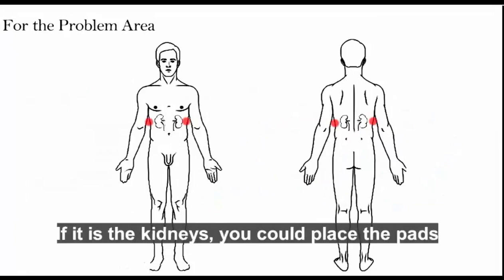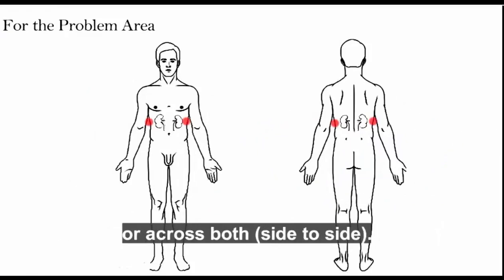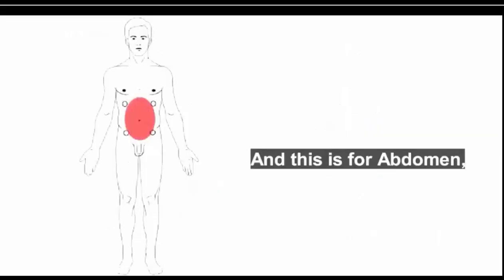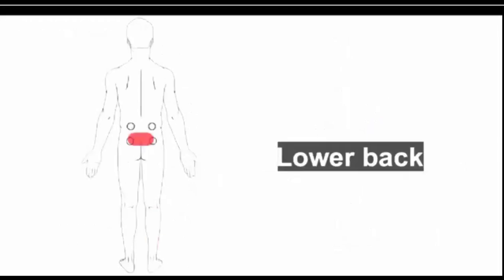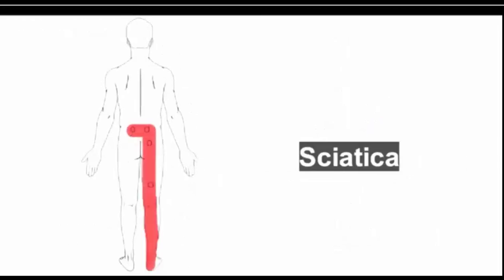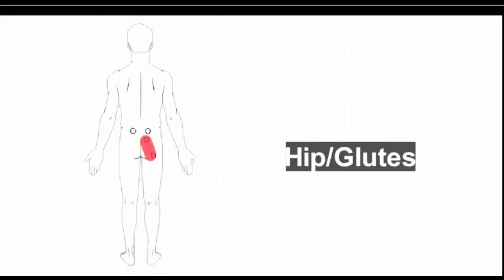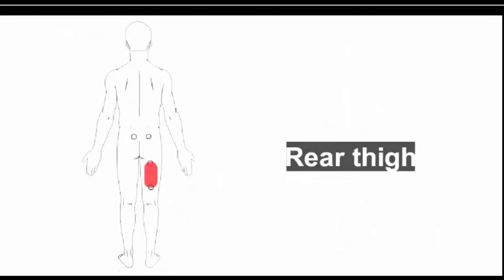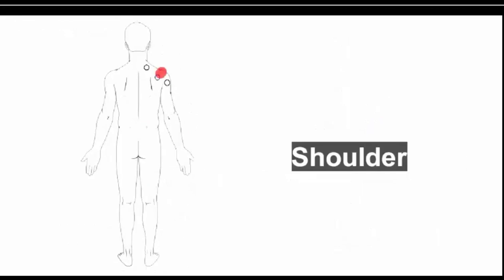If it is the kidneys, you could place the pads either across one, front and back, or across both, side to side. And this is for the abdomen, calf pain, shin pain, lower back, sciatica, upper back, elbow, hip and glutes, knee, rear thigh, quad, shoulder.